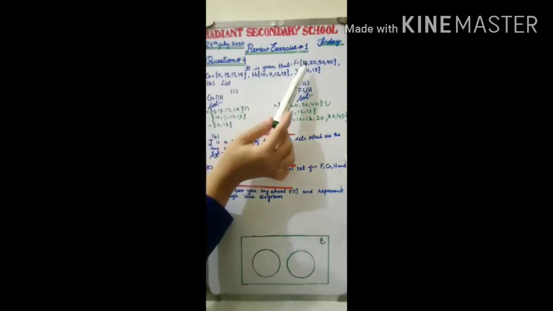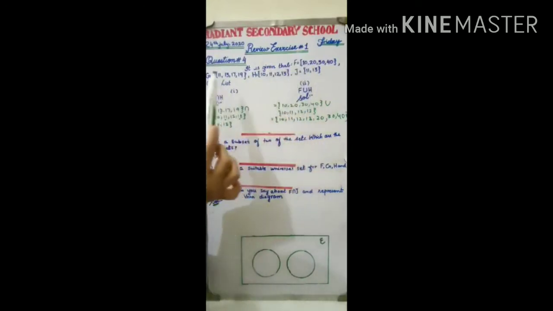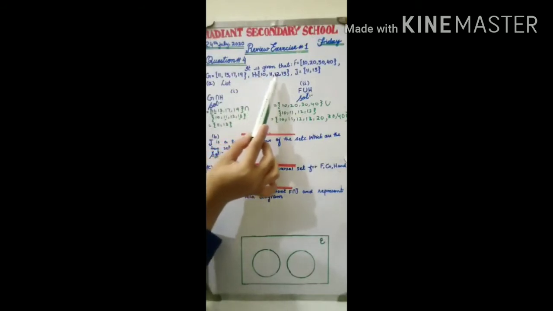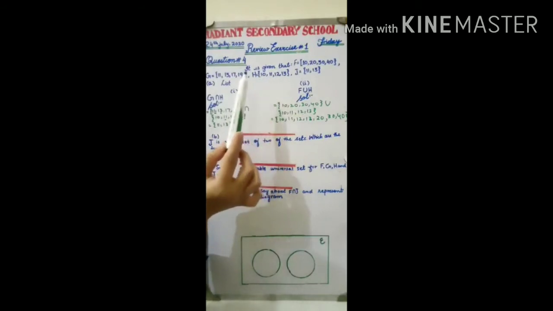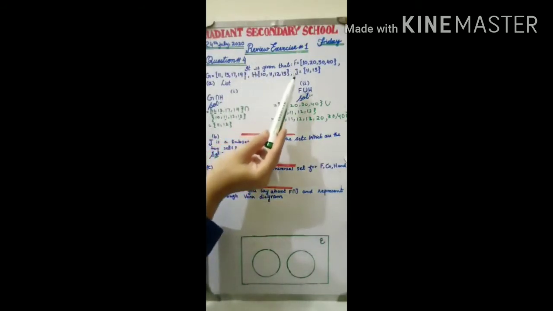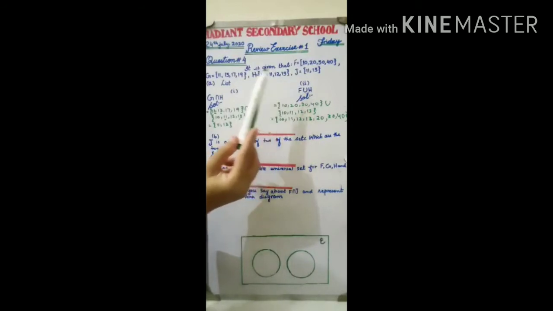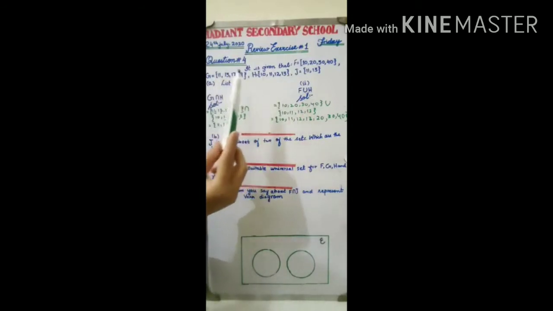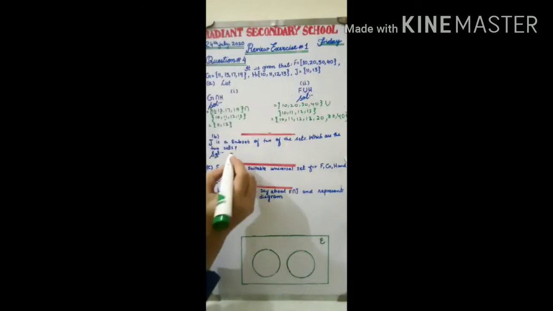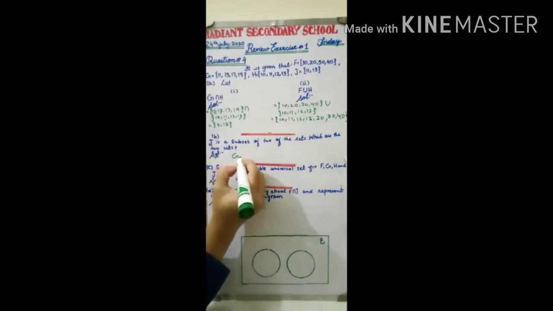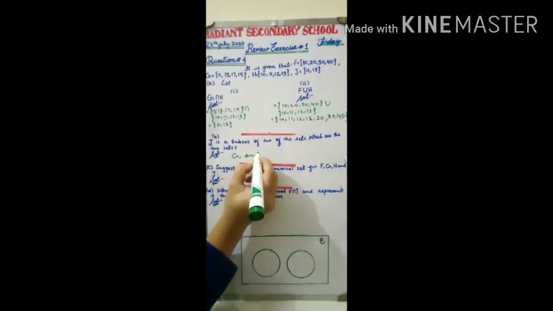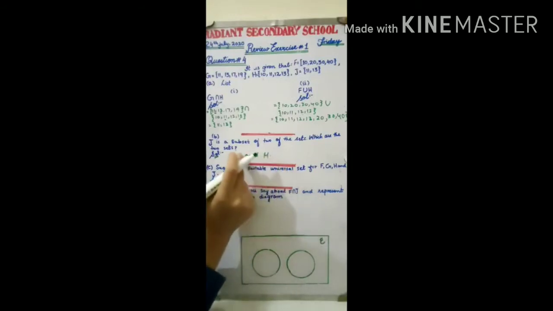Are 11 and 13 present in F set? No. In G set? Yes. In H set? Yes. It means J set is a subset of G and H. So you can write G and H.